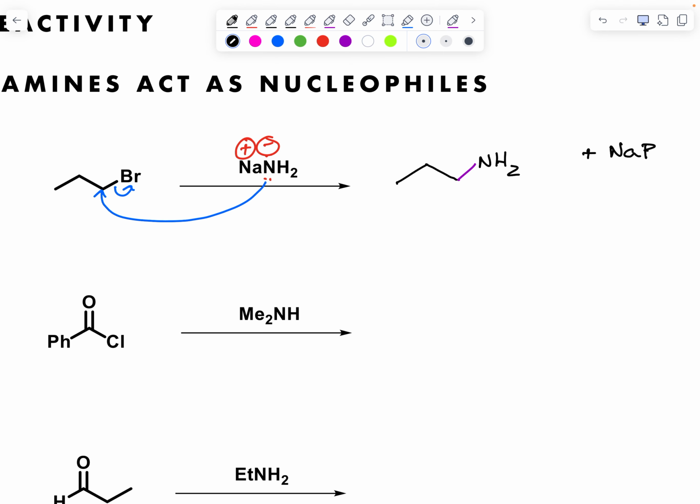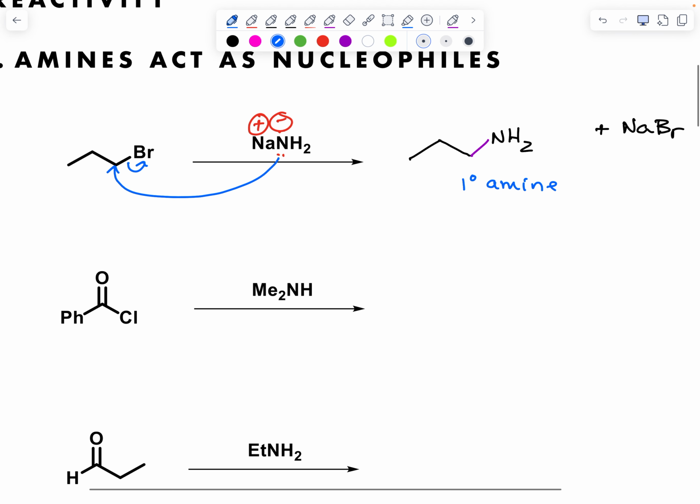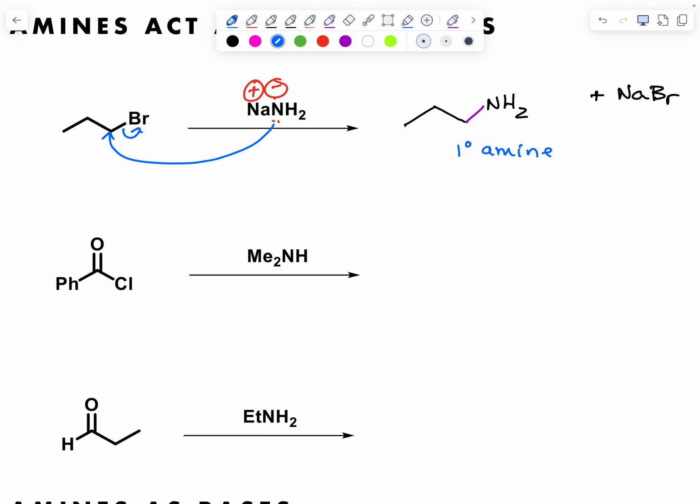Amines can be bases when they're neutral as well as when they're negatively charged. If a neutral amine acts as a base, its lone pair will grab a proton from an acid, kick off the conjugate base of that acid, and we make an ammonium salt. So here is the ammonium part plus A minus.